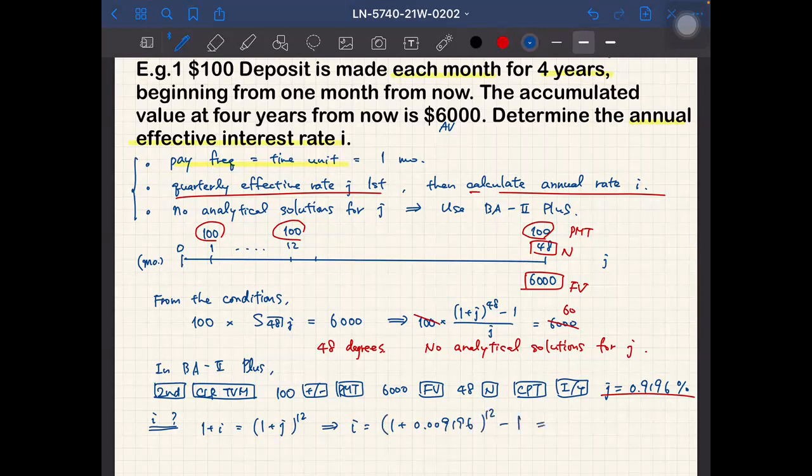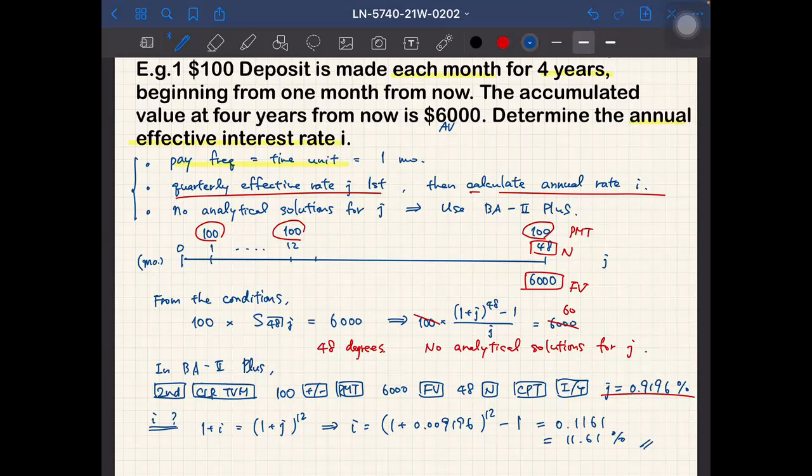This is the annual interest I, which becomes 0.1161, or 11.61%. So now we get the interest rate I.